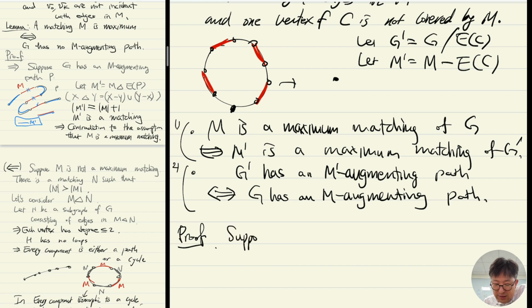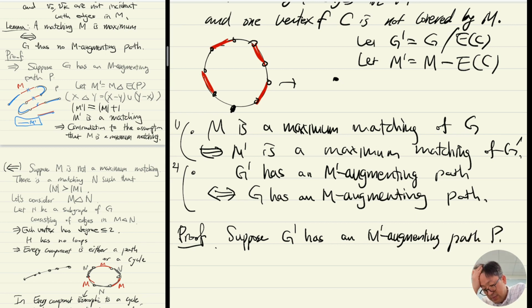So suppose G prime has an M prime augmenting path P. So let's call this vertex V. If P uses V, then what does that mean?